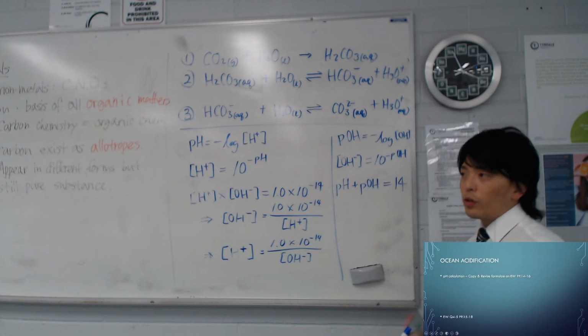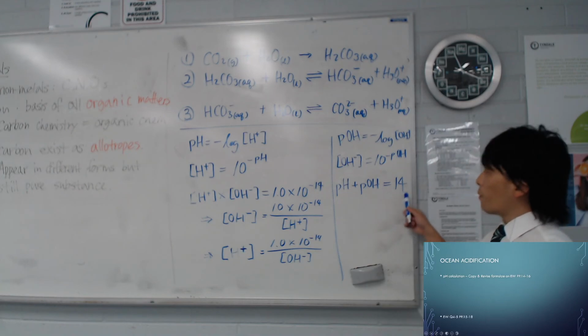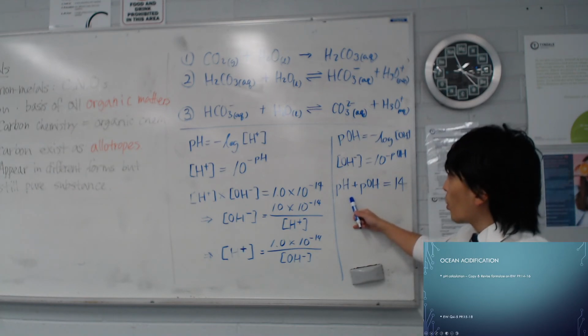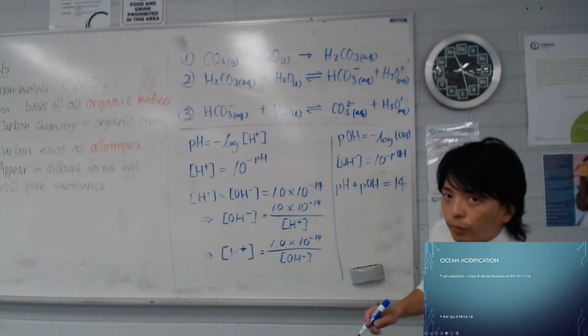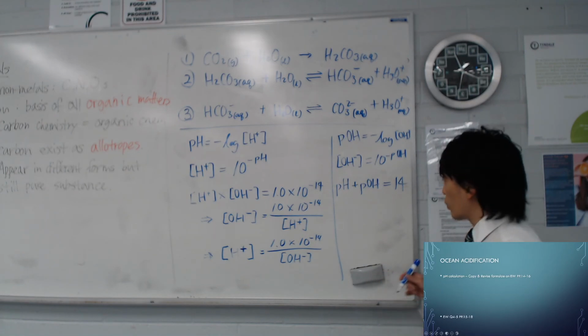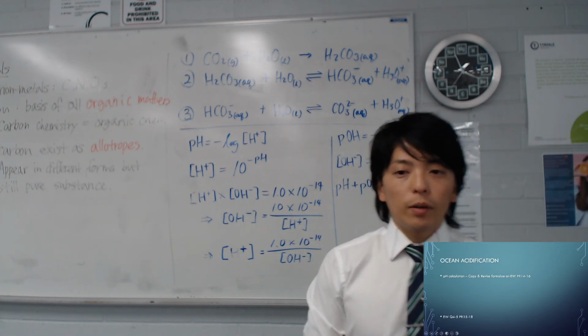Say that was something like 1 or 2. Then if you take pOH from 14, you should be able to find pH as well, couldn't you? So that will be like 14 take 2, therefore you get 12. And 12 is a basic pH value, so it's good to have that. That's about it for pH calculation.